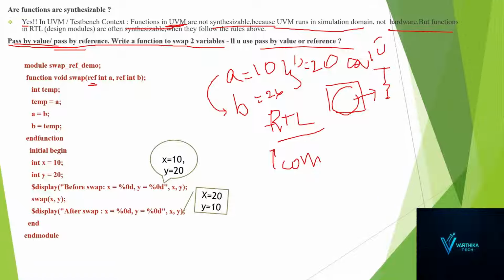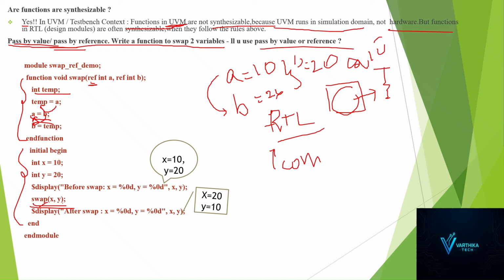Here you can see this is a function and this is an initial block. Whenever you call swap x comma y, we are giving ref a and ref b, which means it will take the original, actual values. Inside that, we are swapping. We took a temp variable: a value is assigned to temp, b value is assigned to a, and temp value is assigned to b.